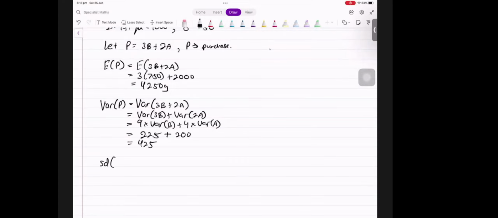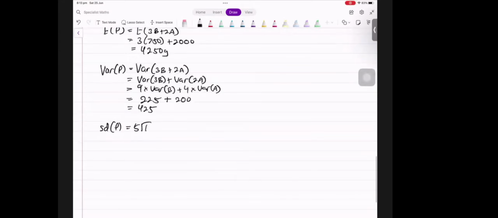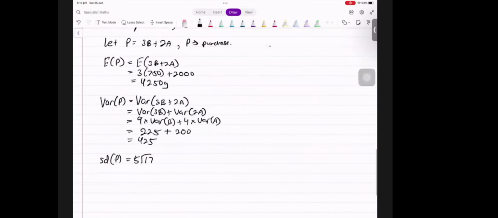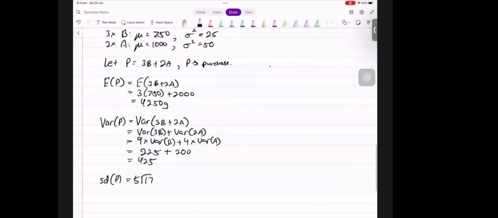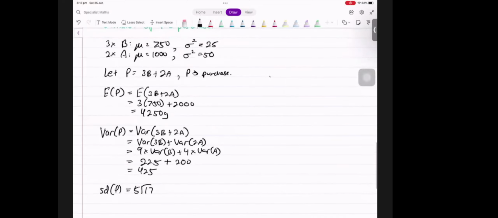Therefore, your standard deviation of P should be the square root of that, and that will give you 5 root 17. Let's check that. Did I do anything wrong?